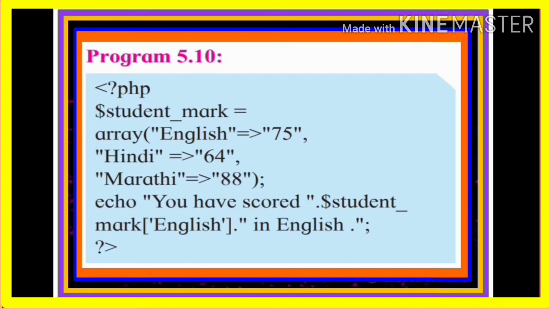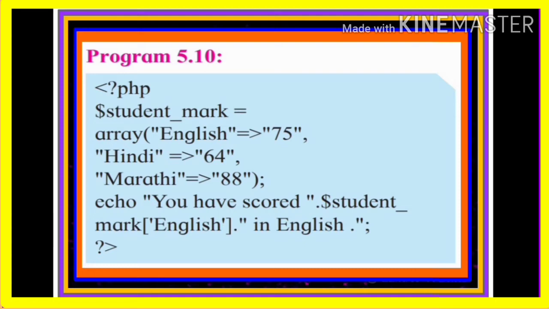In double quote, write English, double quote complete, equal to greater than sign, double quote 75, double quote complete, comma, in double quote write Hindi, double quote complete, equal to greater than sign, in double quote write 64, comma, open double quote, write Marathi, double quote complete, equal to greater than sign, in double quote write 88 and close parenthesis, semicolon.